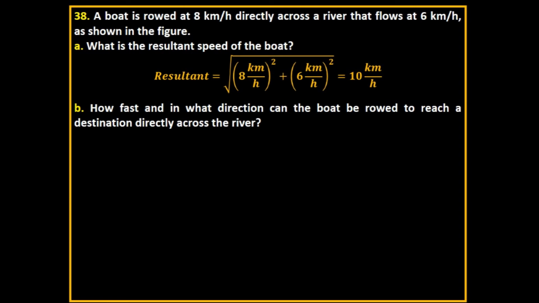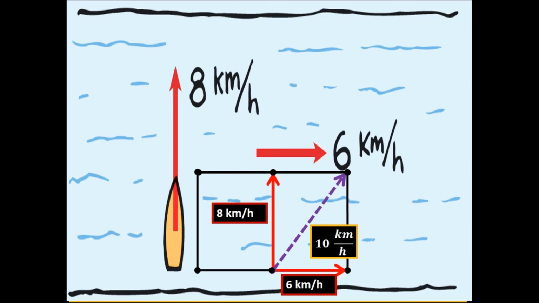Well, think of the right triangle that was used to solve it, of which 8 and 6 were legs and 10 was the hypotenuse, as part of an isosceles triangle where there's symmetry. This was the drawing that was used to help solve the problem. Now, what happens if I wanted to go directly across?